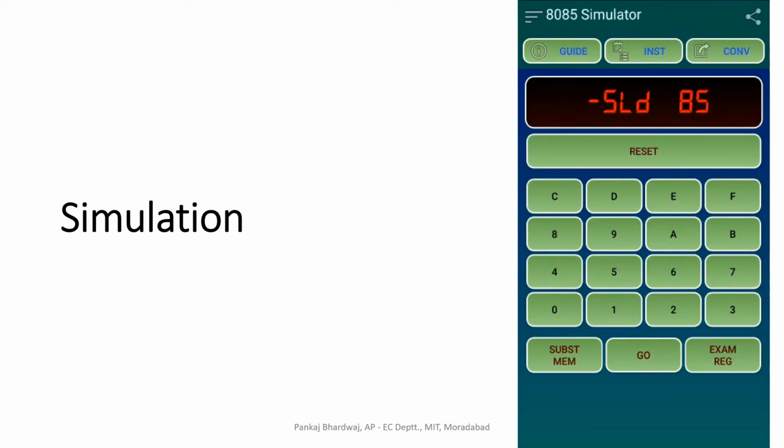So we have started the simulation, and you can see that the buttons are pressed and the data is being entered. Let me take the laser pointer here. So we are entering the data and it is clearly displayed on the data segment, and these are the memory 16-bit data set.